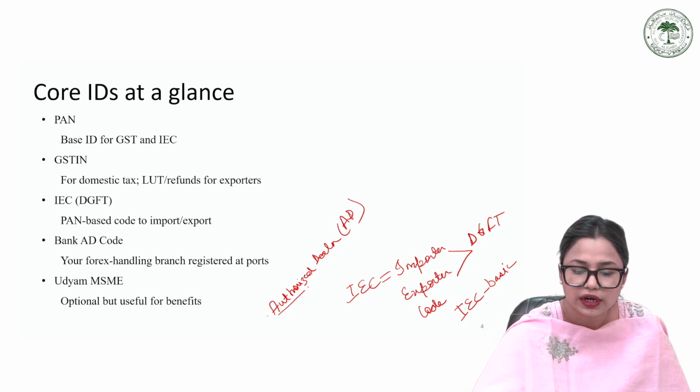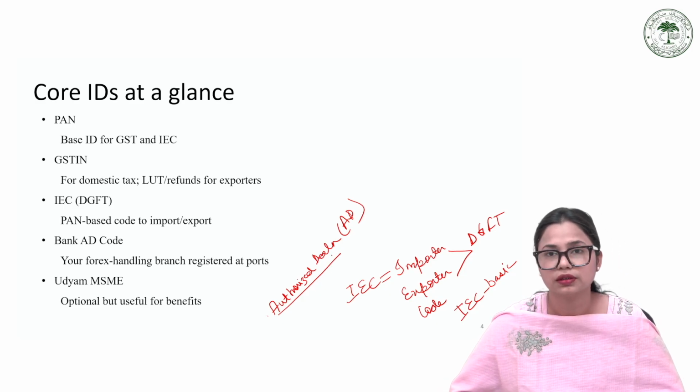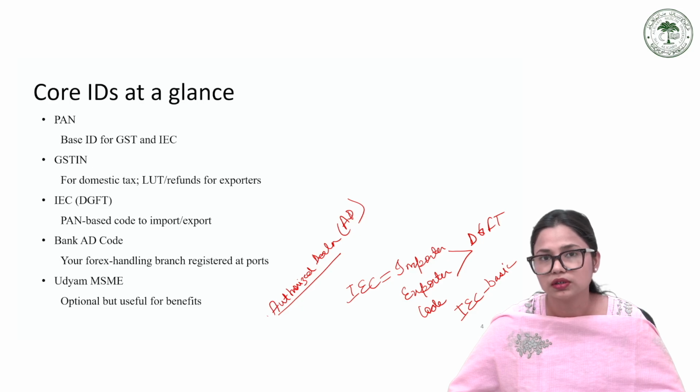There is one more point that is important to note here, which is the Bank AD code must be supplied at every port where you are deciding to ship your export consignment from.